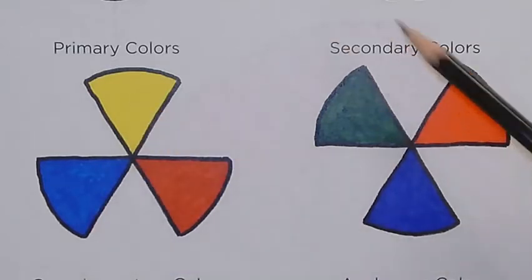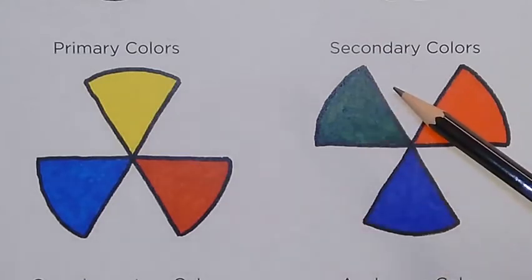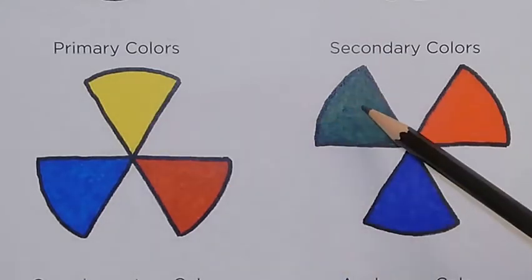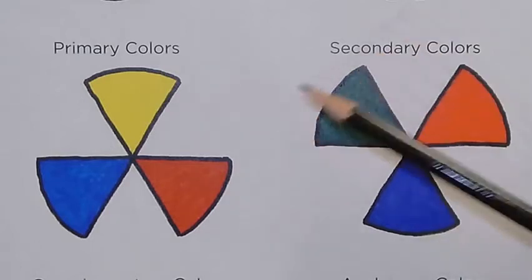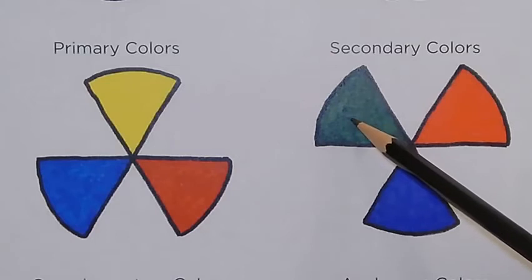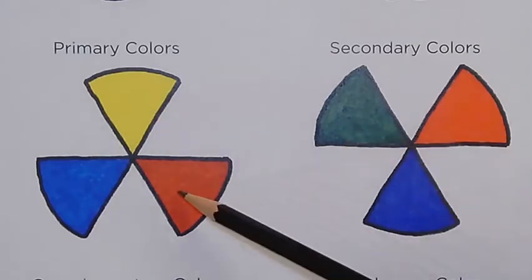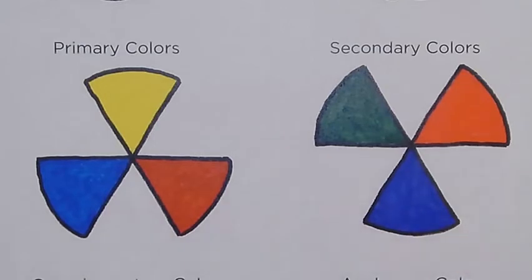Two, second. So that's your clue. Primary plus primary equals secondary. It's kind of like 1 plus 1 equals 2. So we have blue and yellow will make green, yellow and red make orange, and red and blue make purple.